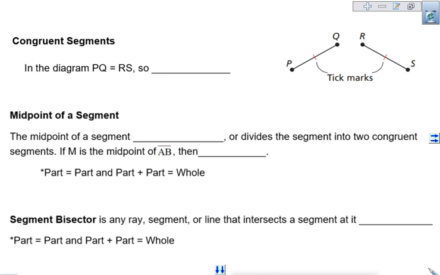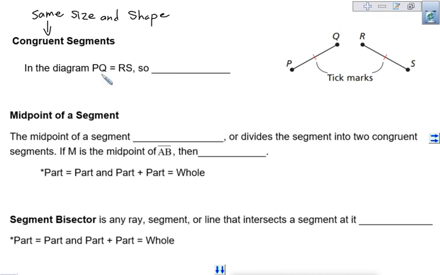Next up, we're going to talk about congruent segments. So remember that congruent means same size and shape. And these are both segments, so they're the same shape, and the same size means that they are the same length.